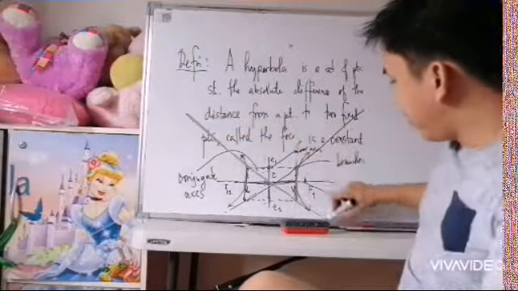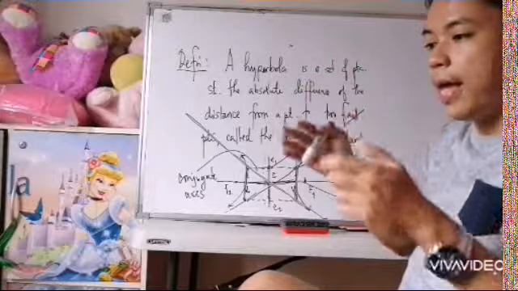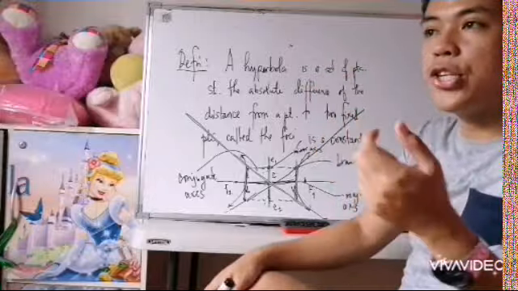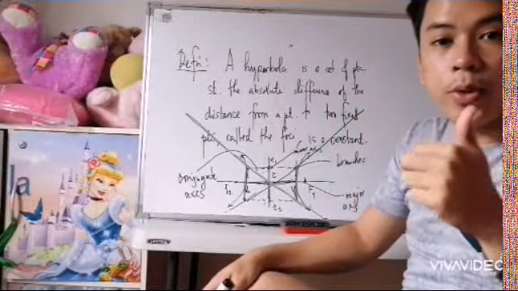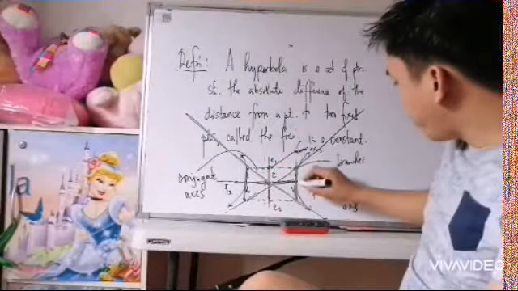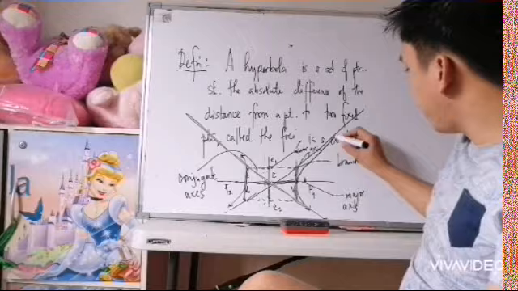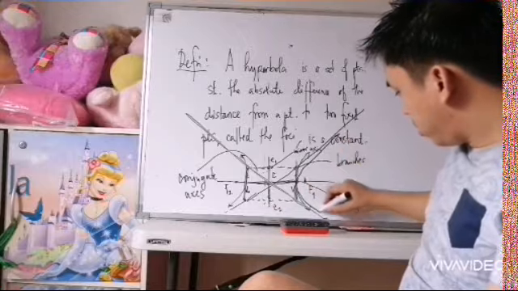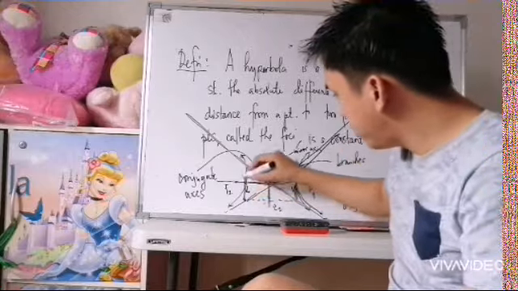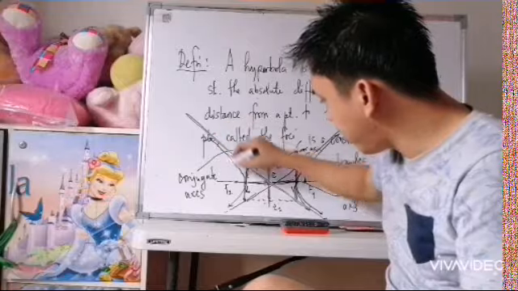These are the lines to which the hyperbola is asymptotic. So if you have a vertex here, you can create your hyperbola asymptotic to this line. The hyperbola should be asymptotic to that.